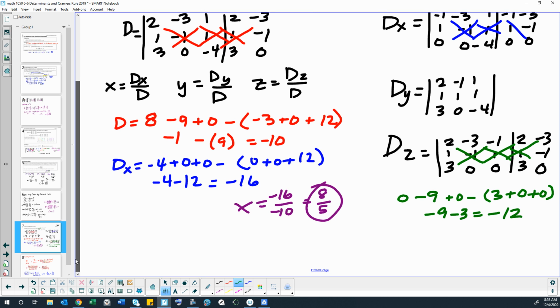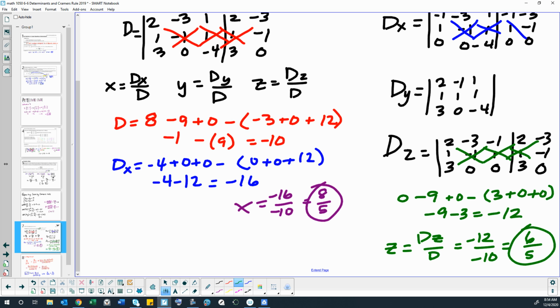So then to find z, we do dz divided by d, so -12 divided by -10, and we get 6/5. Look how fast that was. Yeah, people really like Cramer's rule. It's awesome. Okay, that is 6/5. That was easy.